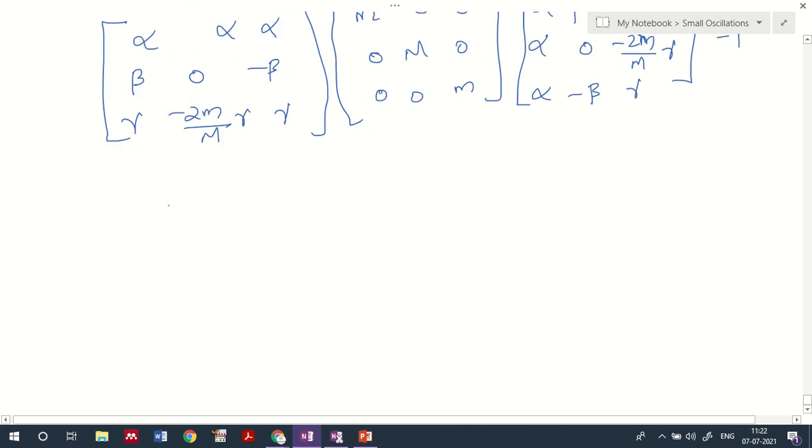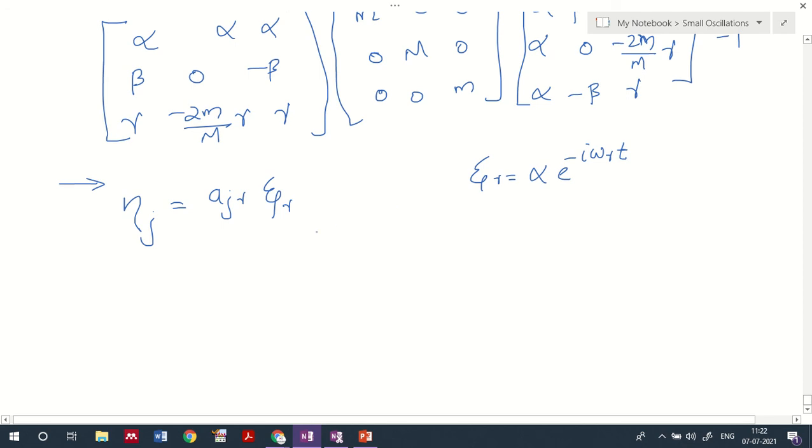And now I'll represent what eta j is. When you represent the equation in terms of a normal coordinate, eta j equals Ajr zeta r, where zeta r represents the normal coordinate. We know from the last class that zeta r is equal to alpha e raised to minus i omega r t.